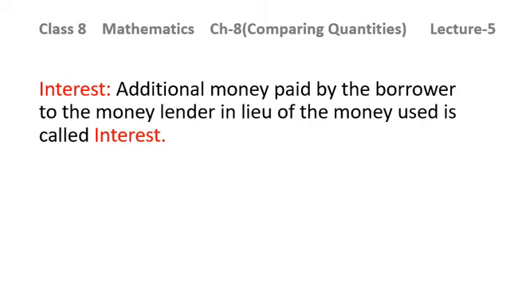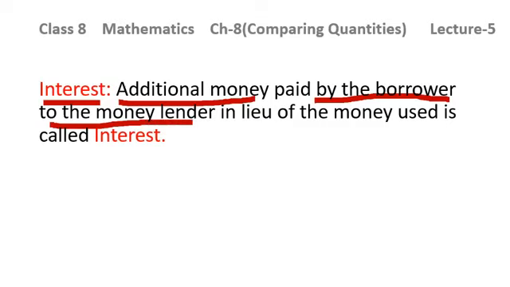Then interest. We are talking about simple interest and compound interest, but what does this interest mean? This is the additional money paid by the borrower to the money lender from whom it has been borrowed, in lieu of the money used.